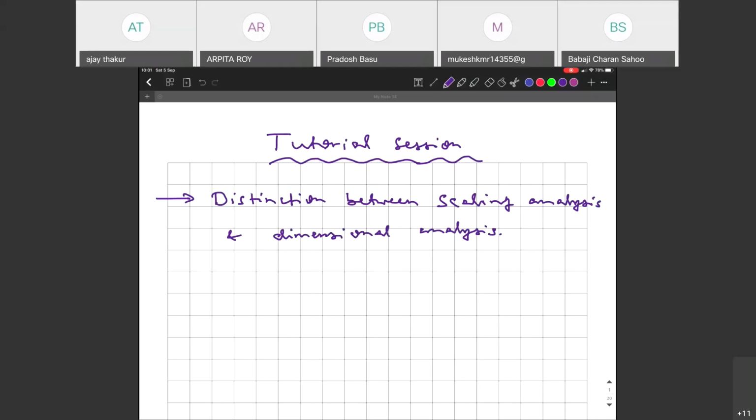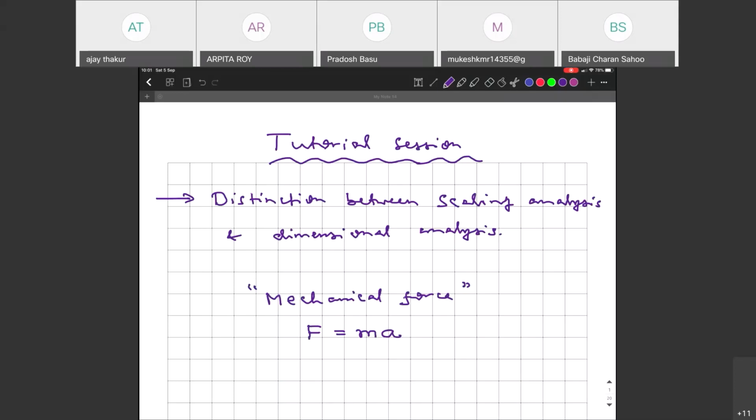scaling analysis for a given particular problem. So suppose we are talking about a quantity called mechanical force. Okay, and all of us know that one way of relating mechanical force would be inertia, which is represented by mass, and acceleration.